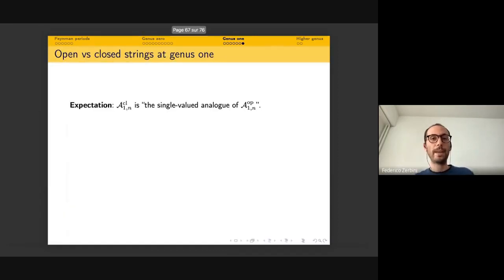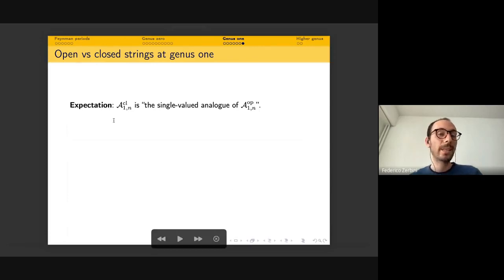Okay, good. Now we have some kind of period viewpoint on these elliptic multiple zeta values, and therefore on the genus 1 string amplitudes. And the expectation of people is that at genus 1, these closed string amplitudes are the single-valued analog of the open string amplitudes, where the open string amplitudes are given by some periods of a fundamental group.